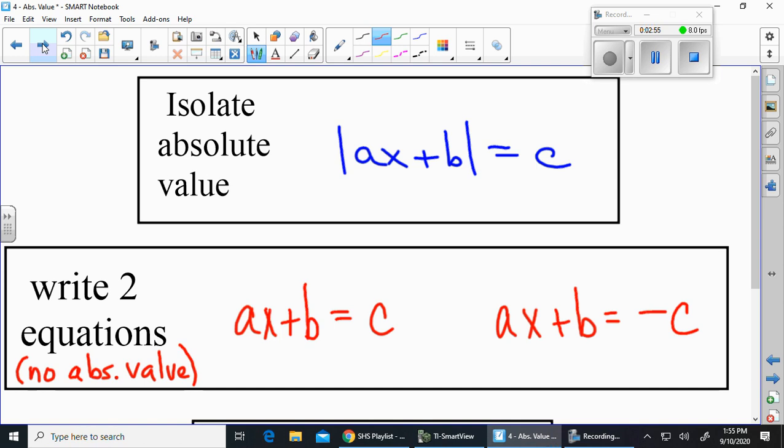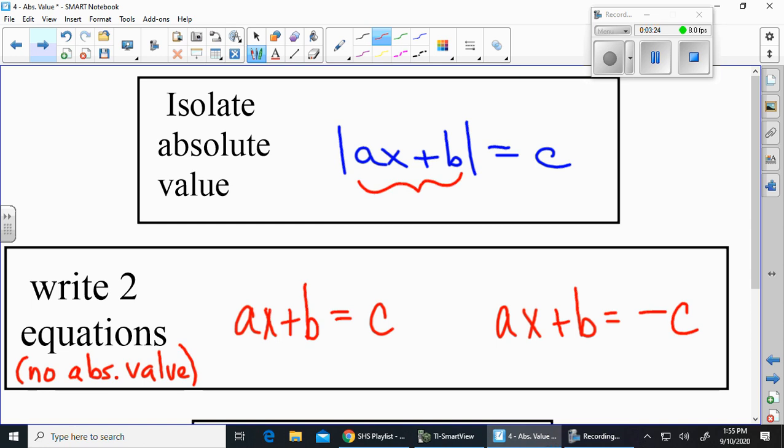If there's a number in front of the absolute value, you do not distribute. They're not like parentheses. Absolute value bars have meaning. So if you were going to have a number in front, you would actually divide by that number to get the absolute value alone.